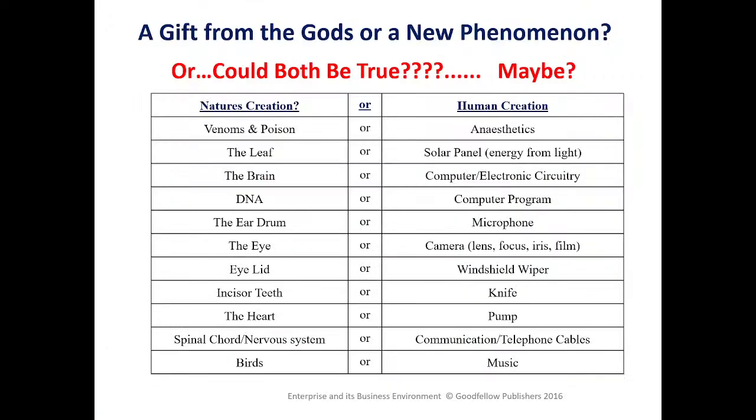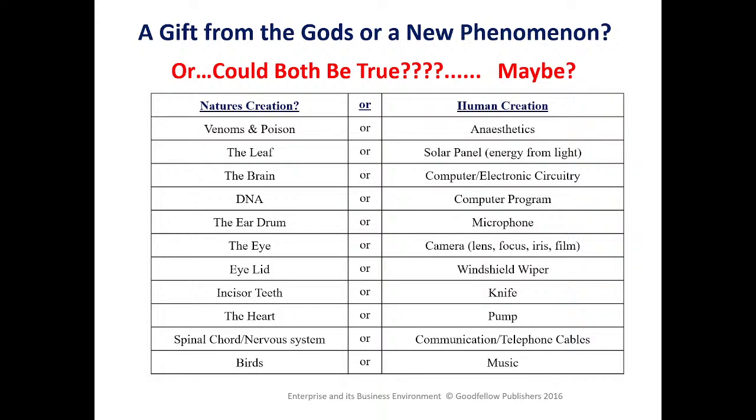So look at this chart. Nature is supreme. Those who believe in God, otherwise nature. Both are one and the same. Venom and poison, we have created anesthetics. Leaf, solar panel. Brain, computer electronic circuitry. DNA, computer program. Eardrum, microphone.